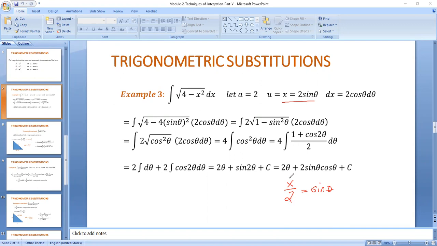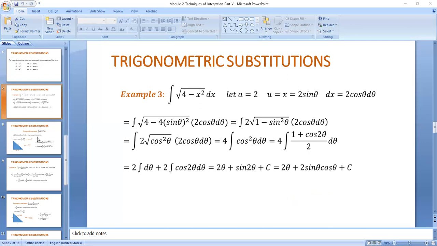So this x and this 2 represent the opposite side and the hypotenuse of the right triangle where theta is found. Okay, the next slide will describe how we will use x over 2 equal to sine theta in our triangle.